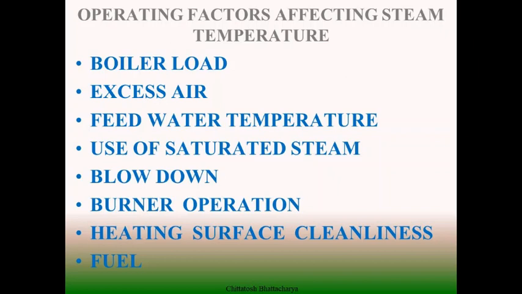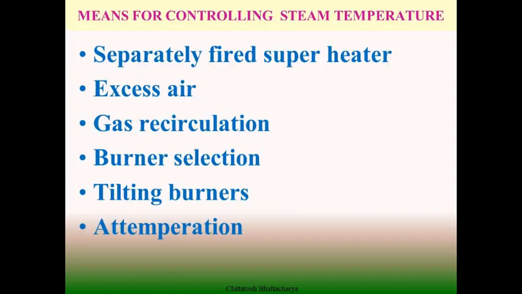But if fuel heat value is less, that limits the total heat generation capacity within the furnace. Naturally, even if heat absorption capacity is maintained, we cannot have the steaming parameters at the required level, so that affects. So sometimes we require control over steam temperature.